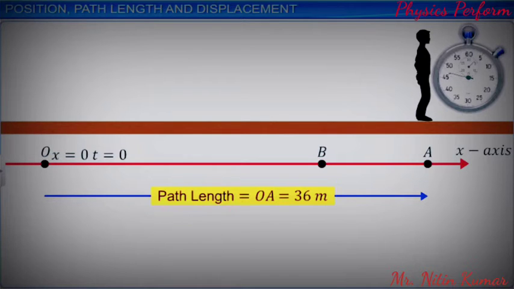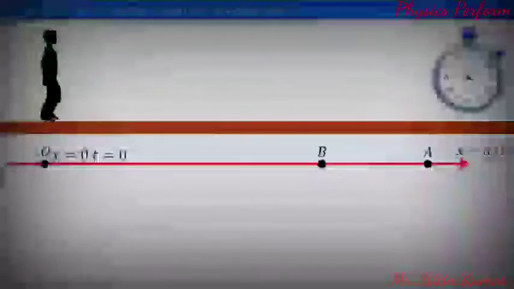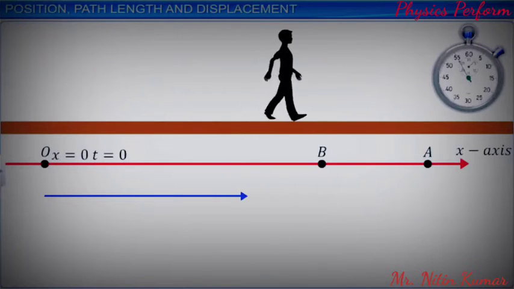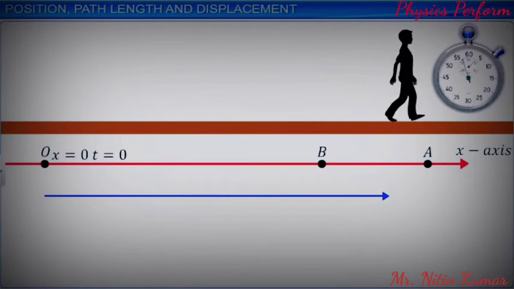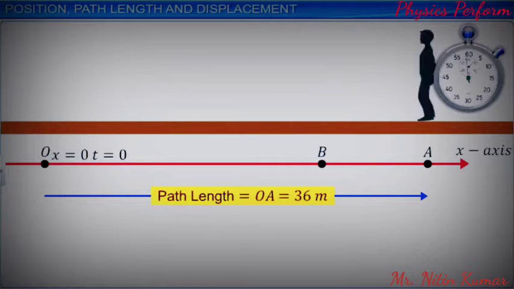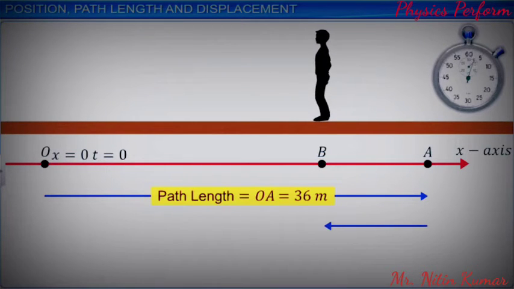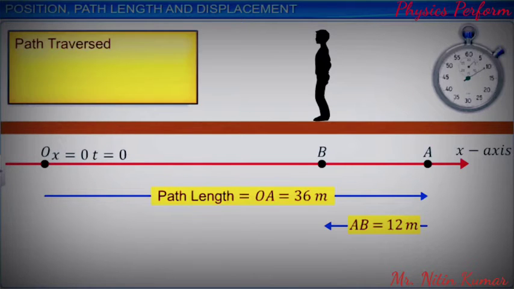In the second instance, the man moves from O to A and then moves back from A to B. The distance between points A and B is 12 meters. Now, the path length traversed by the man is OA plus AB equal to 36 meter plus 12 meter is equal to 48 meter.